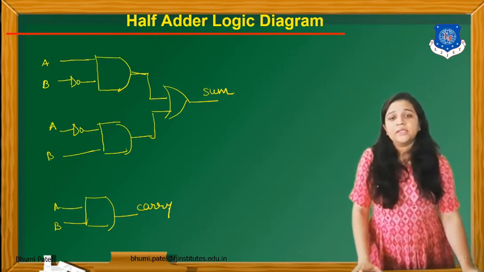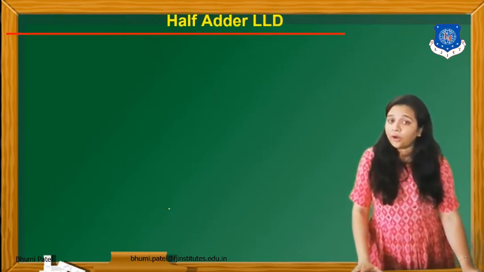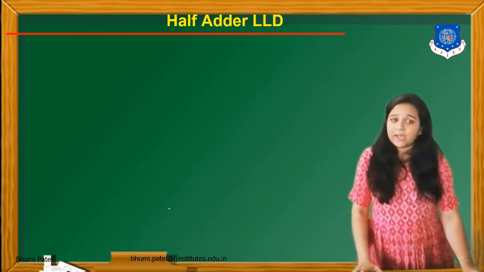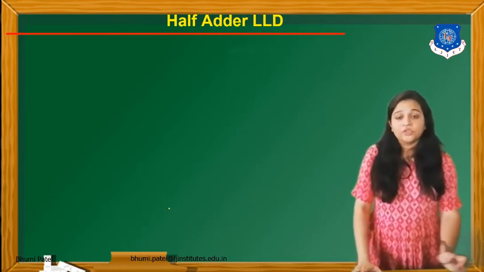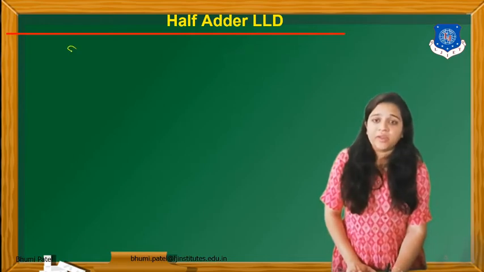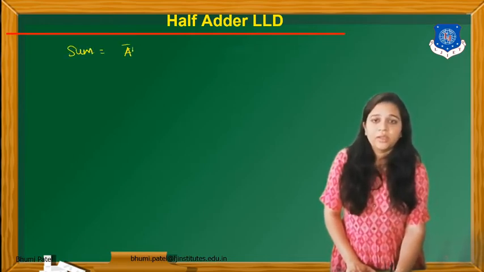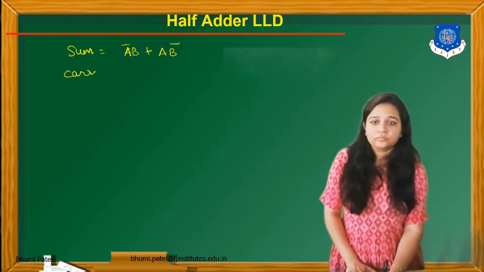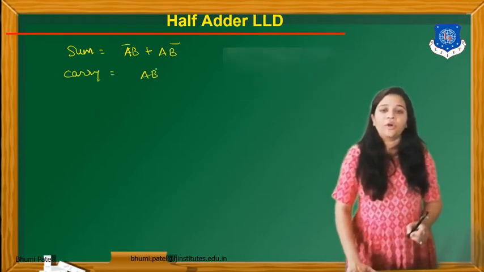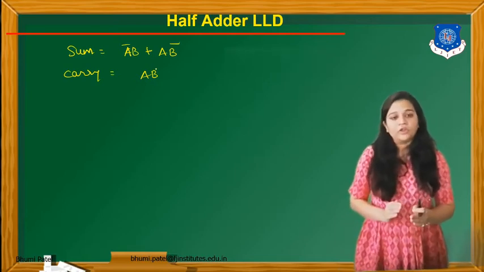Now our next target is to draw the ladder logic diagram using the equation. So what is the equation for this sum? We can write here sum is equal to A bar B plus A B bar, and the carry is equal to AB. So we can simply draw a half adder ladder logic diagram.